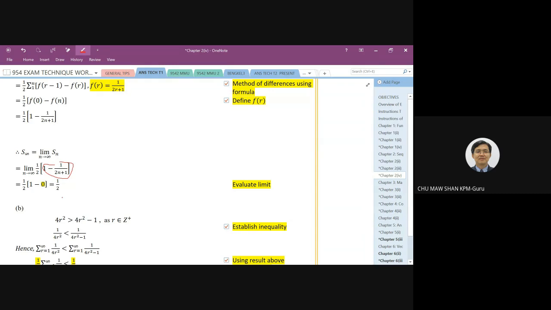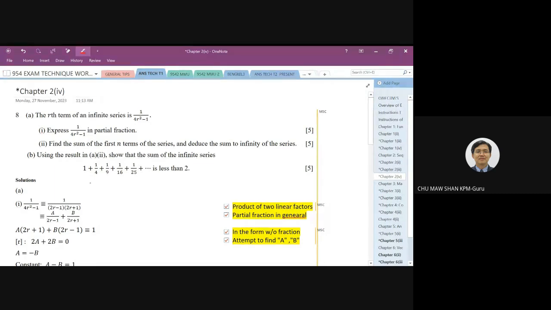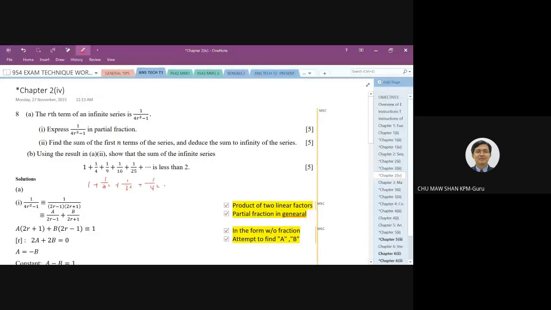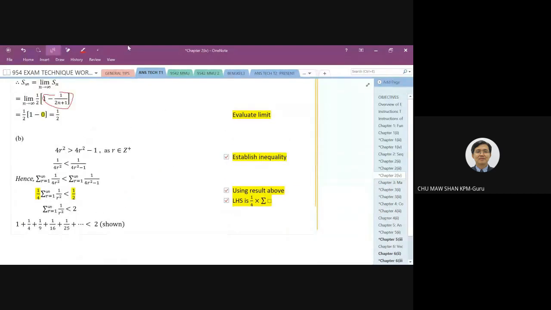Okay, next. For B, it says, using the result in A2, show that the sum of the infinite series is less than 2. Actually here you can see, if it is written like this, it is not yet the form we have done. The form we did has a 4, then minus 1. So we have to manipulate something here, in which we have to establish the inequality.